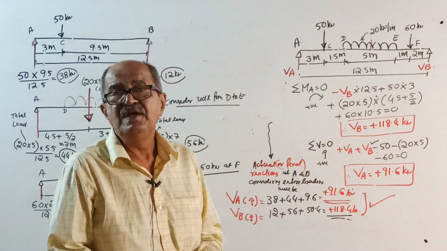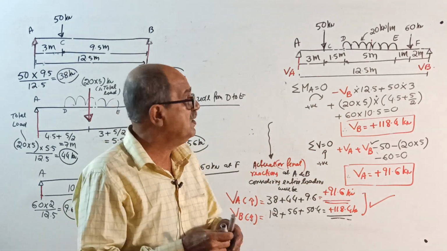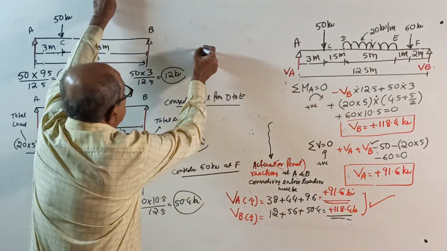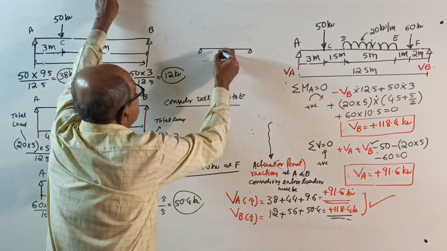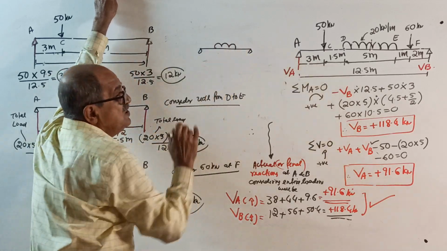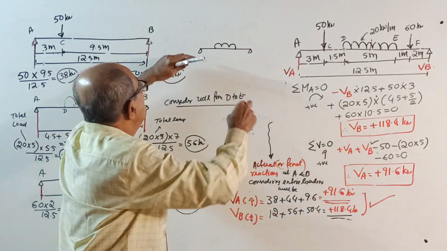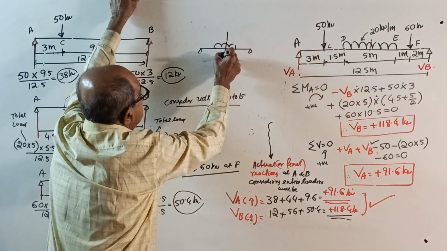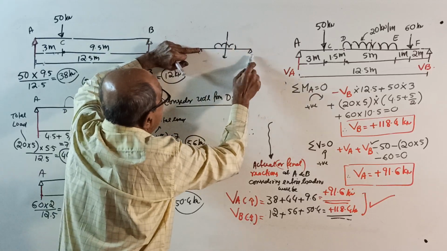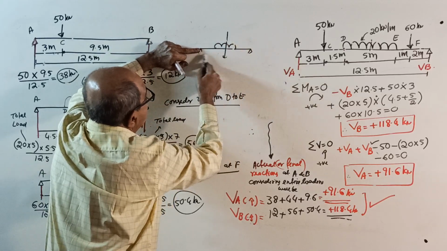Then why all this? This is to give you more grip, because later so many times you require reaction for loading all. Suppose a question this way comes. You don't have to struggle, take moment about A, minus VB, all you require is load into other by span, load into other by span.